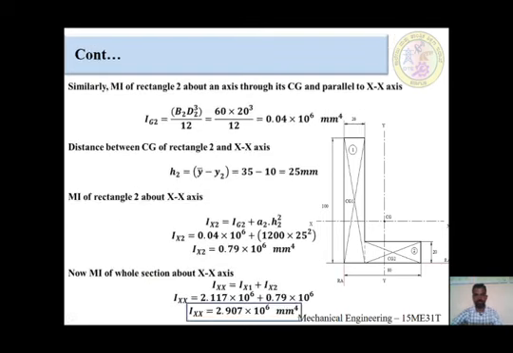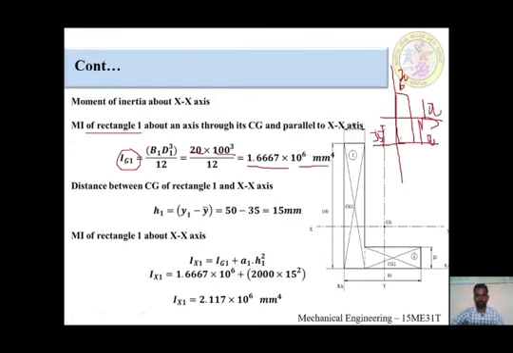From here to here, the distance we call h. How to find out? y1 minus y bar is equal to 50 minus 35, which is 15 millimeter. Put these two values in the parallel axis formula.